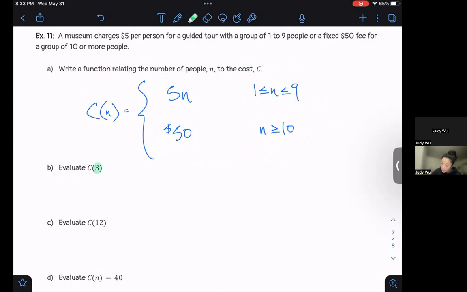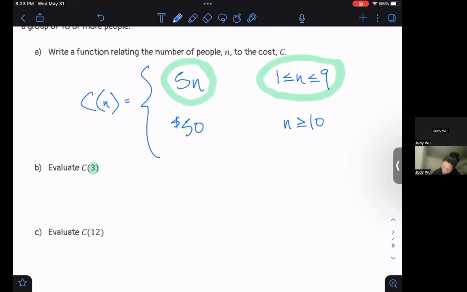So 3 is between 1 and 9. So I'm going to use this function, 5n, right? So C of 3 is 5 times 3, which is the cost of $15 if you have 3 people on the tour.